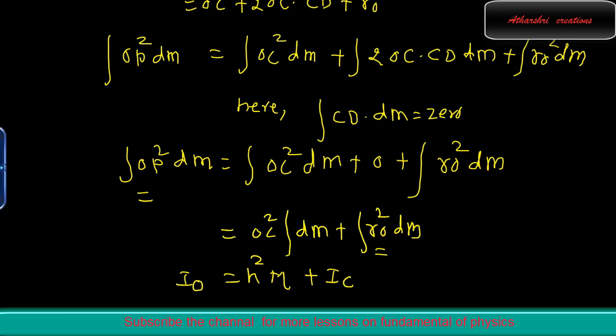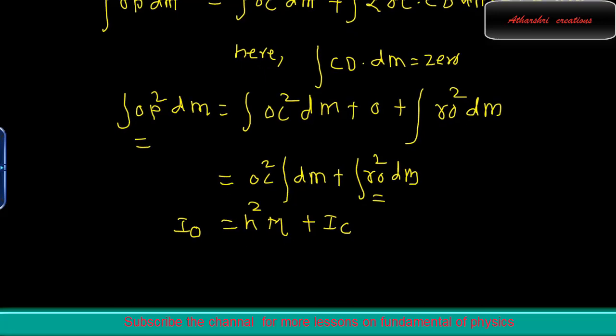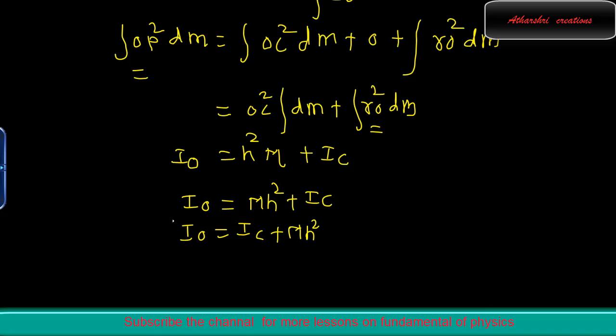Hence we can write the equation like this: IO equals M h square plus IC, that is IO equals IC plus M into h square. This is according to the principle of parallel axis theorem. This is the proof of the parallel axis theorem.